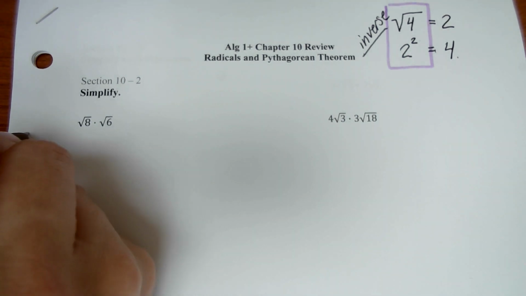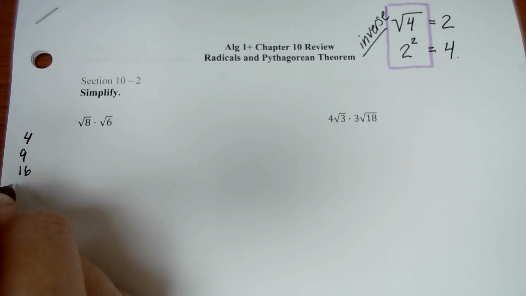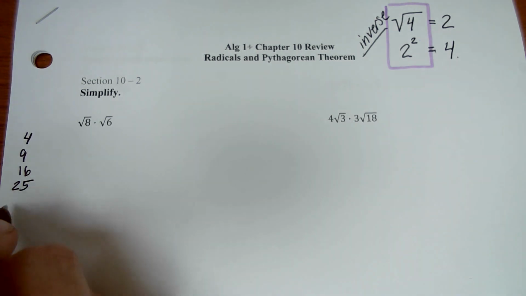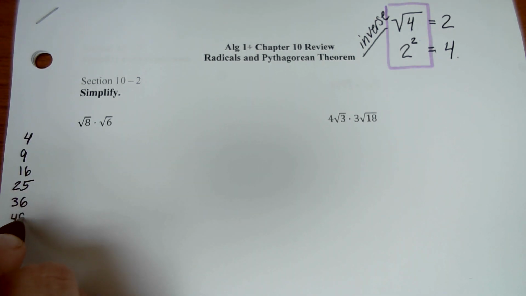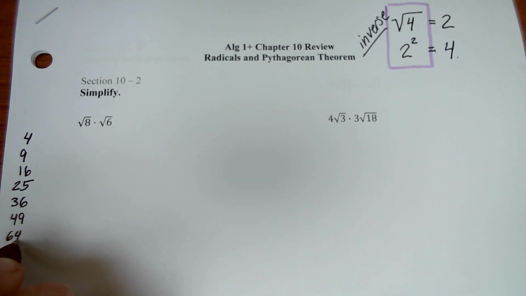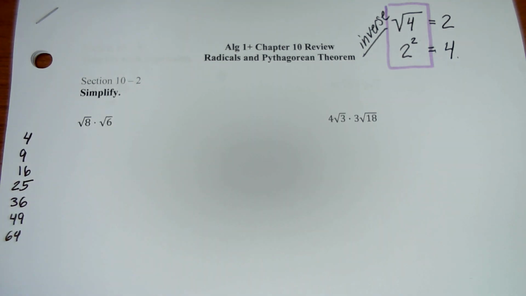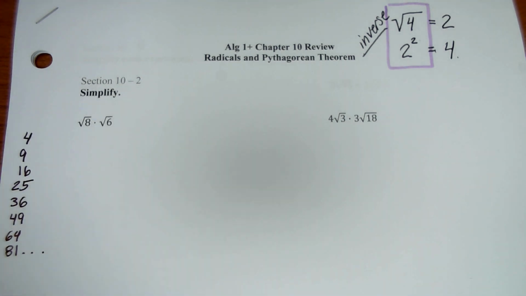So 2 times 2 is 4, 3 times 3 is 9, 4 times 4 is 16, 5 times 5 is 25, 6 times 6 is 36, 7 times 7 is 49, 8 times 8 is 64, 9 times 9 is 81, etc. We could keep going, but we're going to pause there.